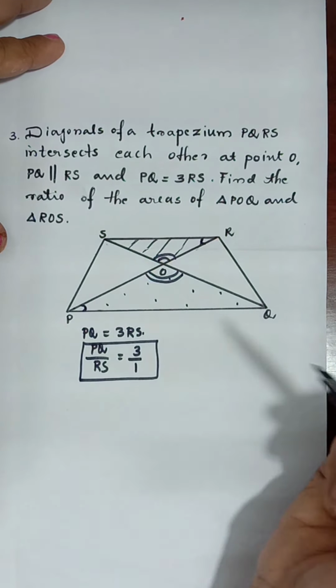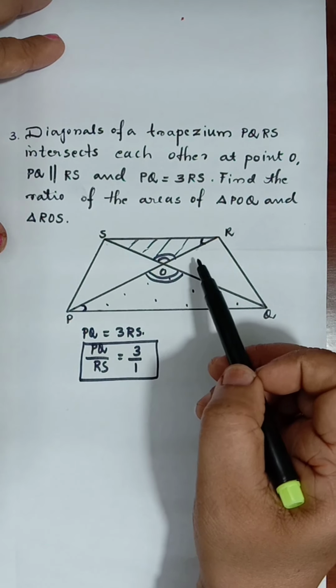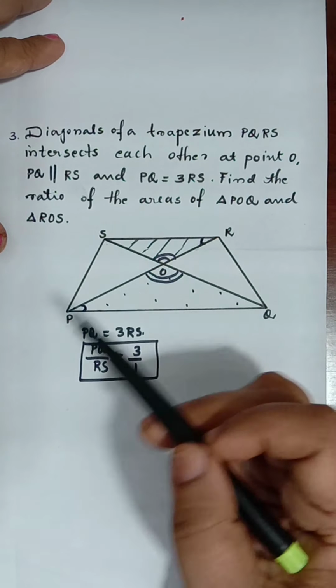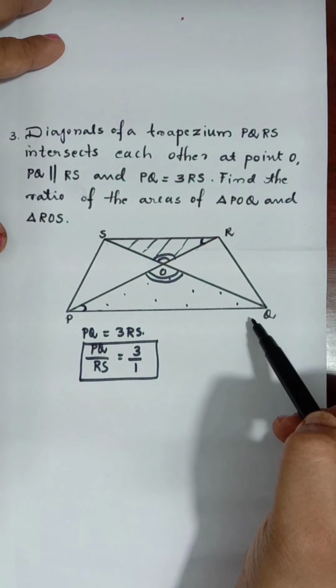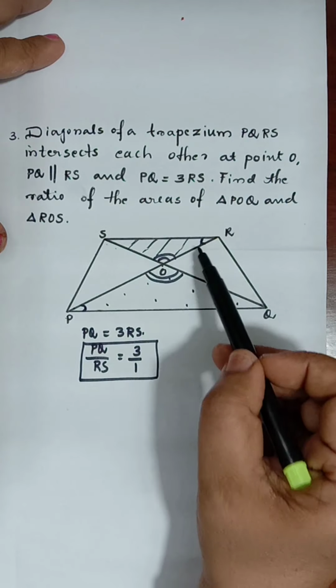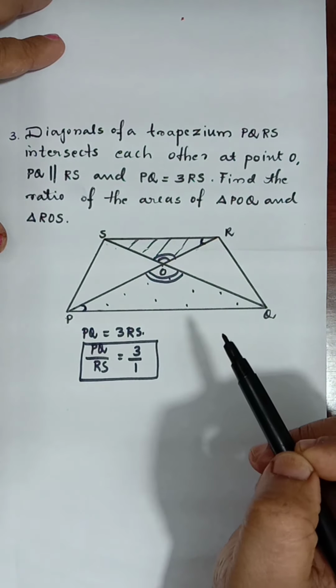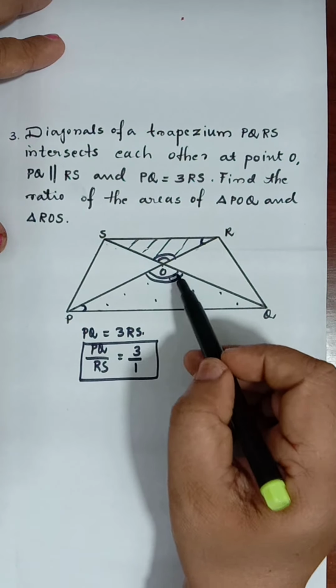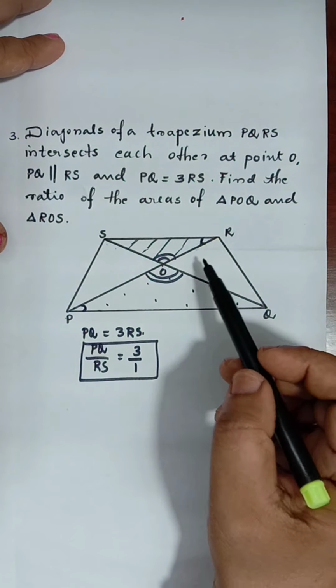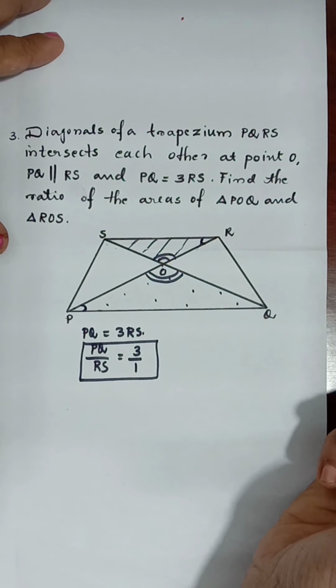First, we are considering triangle ROS, and this is POQ. For ROS, we have angle ORS equal to angle OPQ, and vertically opposite angles are also equal. Therefore, by AA similarity, these two triangles are similar.